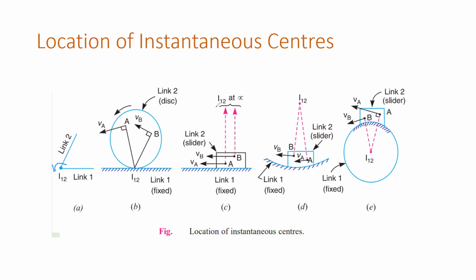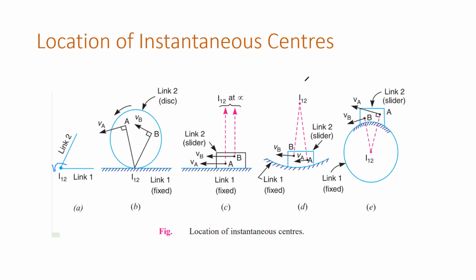I12 will be at infinity. I will again elaborate why it is at infinity. And in which direction? In the direction perpendicular to the velocity of any point on the link. So in this direction it will be at infinity.